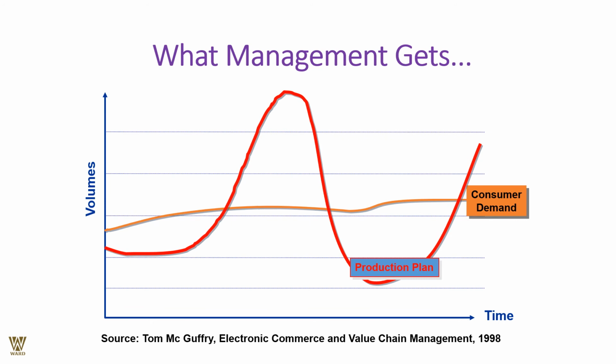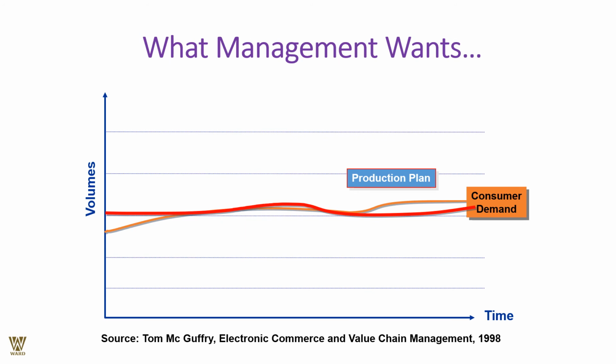What does the management actually get around here? The management gets the previous things which are very fluctuating, but what the management would want is a steady, understandable variability between what has actually been demanded and what has been the production plan.